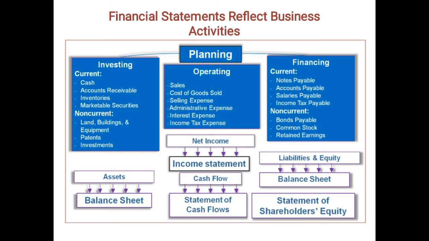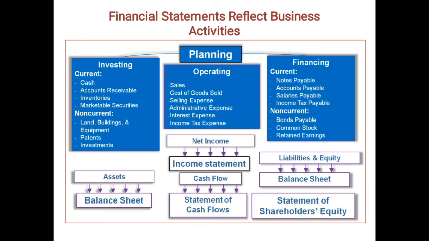And in operating activities, we have to maintain our sales, and then we have to calculate and manage our expenses, administrative expense or operating expense, to know our profit or our loss in one period. And then financing activities are the search for sources to finance our business.